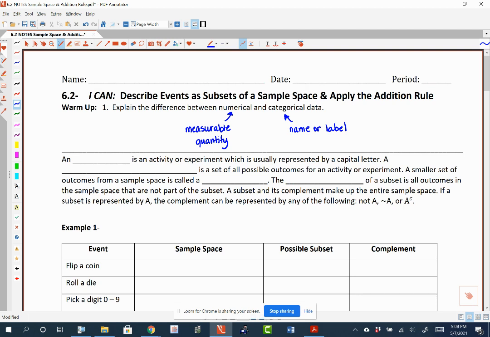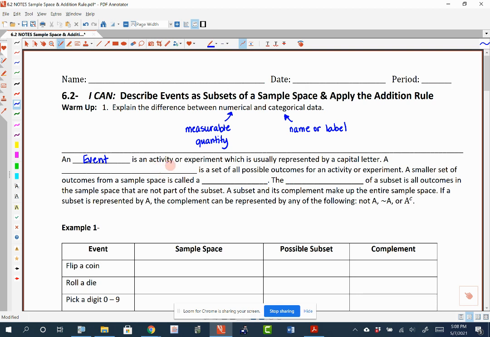So today we're going to keep looking more into some of this data, and we're first going to get some vocabulary here. The first one is what's called an event. An event is an activity or an experiment, which is usually represented by a capital letter.